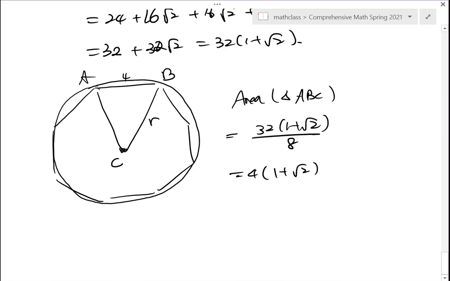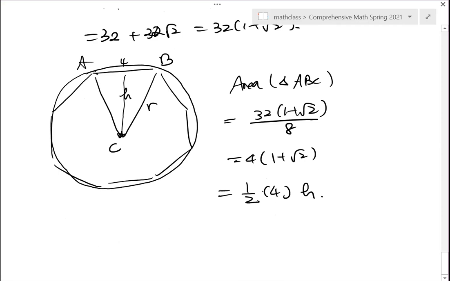Now once you get that, can we get the radius? Then you can get the height, because this area is going to be half of 4 times height, right? So you can get the height. That's another way to calculate area.